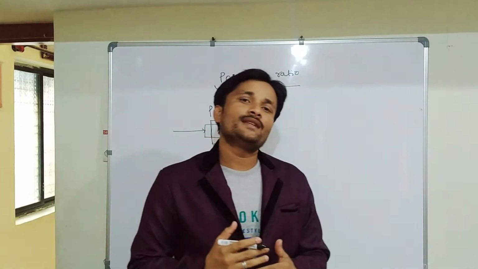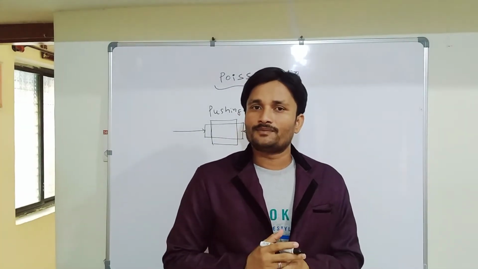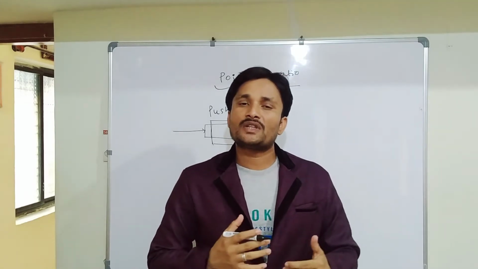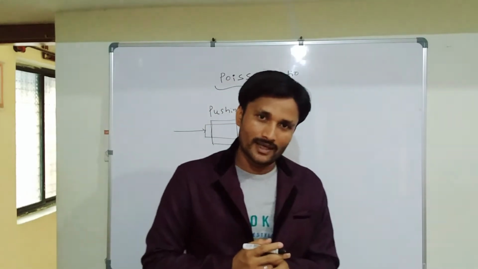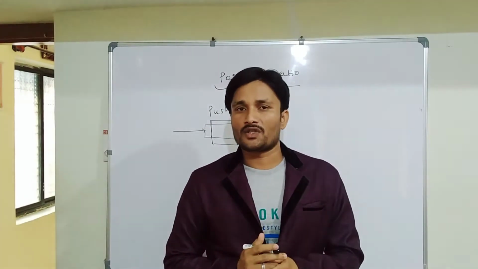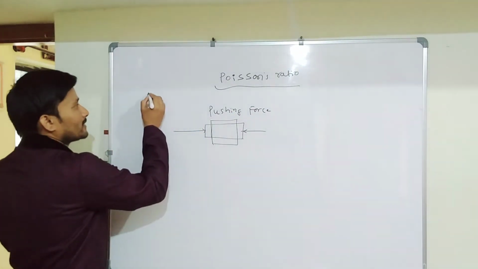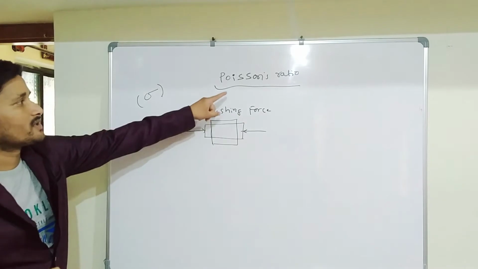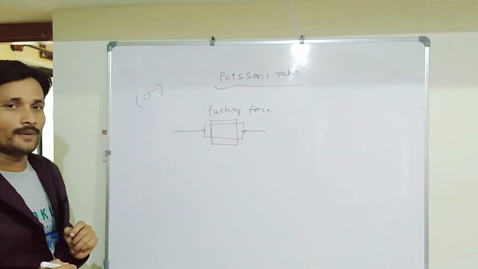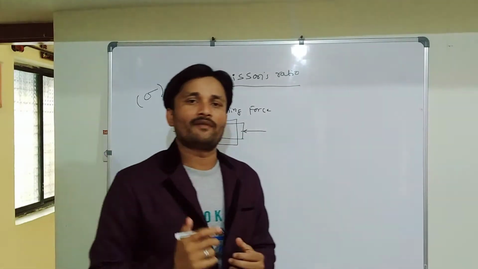Whenever a body is subjected to a stress in a particular direction, there will be a change in dimension of the body in the other two perpendicular directions. That is called Poisson's ratio. So Poisson's ratio is denoted as sigma. Okay, we can denote Poisson's ratio with the word sigma. So here in this Poisson's ratio, we are going to learn about two important factors.